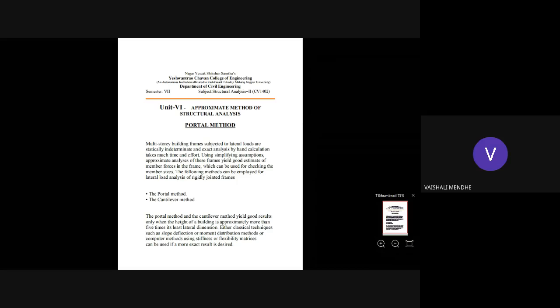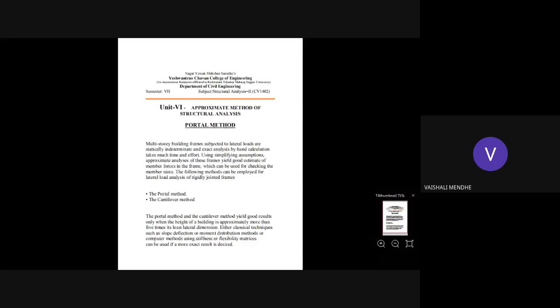They give a quick solution for horizontal loads, which include wind or earthquake loads. And the substitute frame method is used for the quick solution of vertical loads, which includes gravity loads only. The portal method and the cantilever method yield good results only when the height of a building is approximately more than 5 times its least lateral dimension.